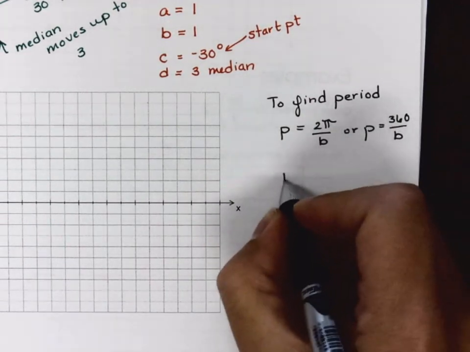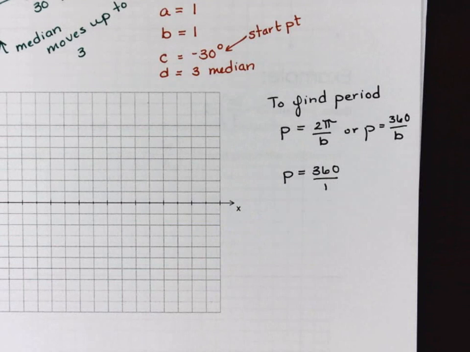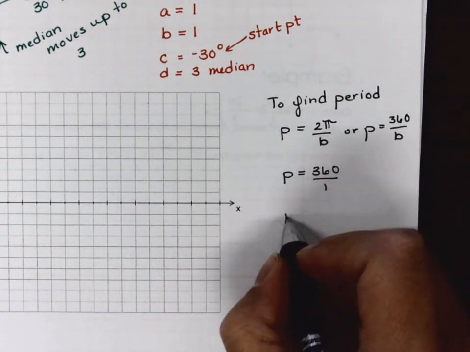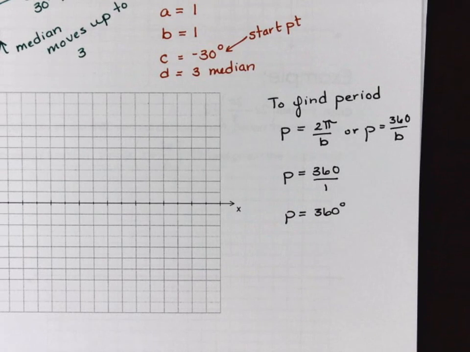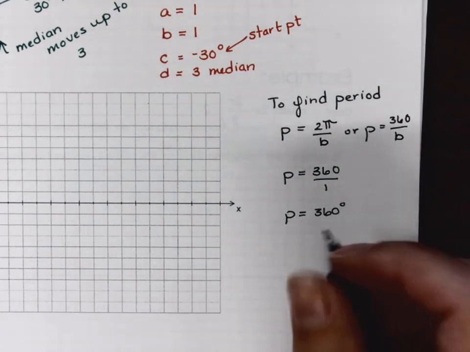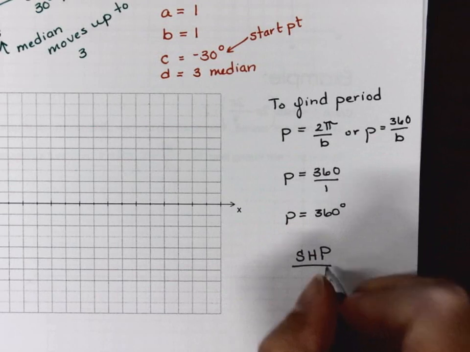Our b value we said was 1. I know this seems redundant, and you guys are like, it's obviously 360, but I'm going to write that. So the period is 360 degrees. All right. I always do this before I do my increments. And then, this is like Scalion's math. I don't know where I picked this up, but I call them the something happening point.